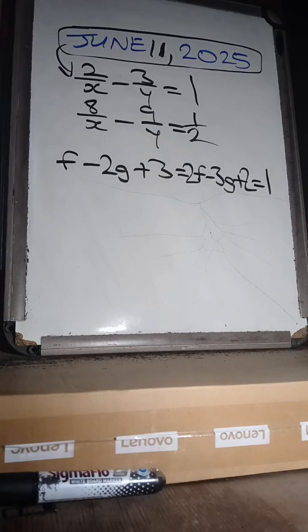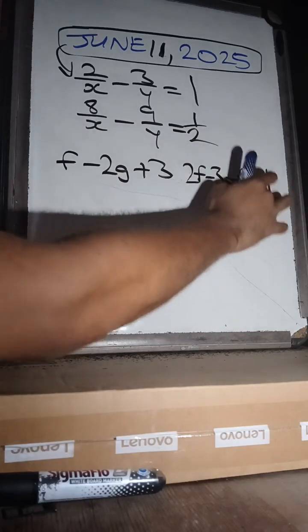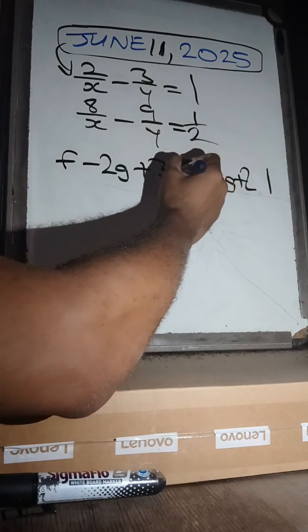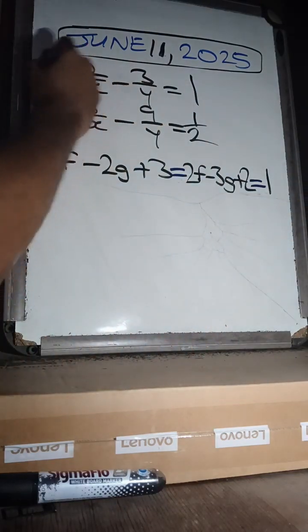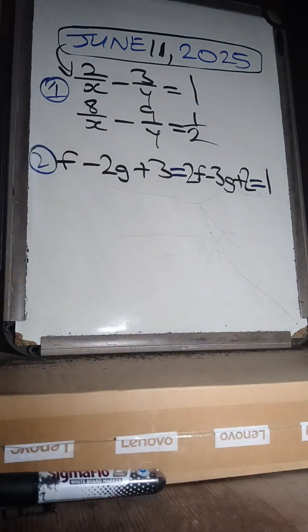Let me use the blue marker to separate the equal signs. That way we know what is happening. So this is number 1. That's crazy.